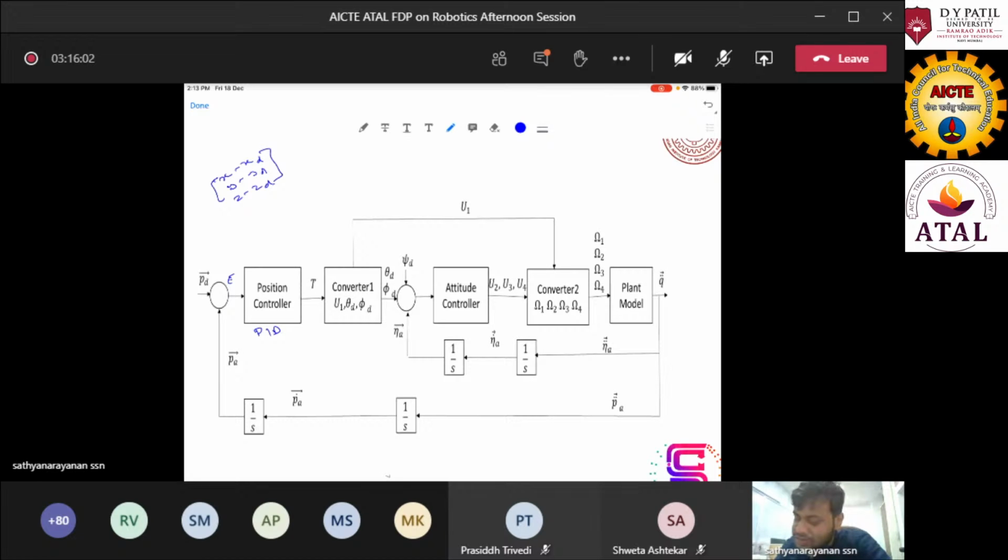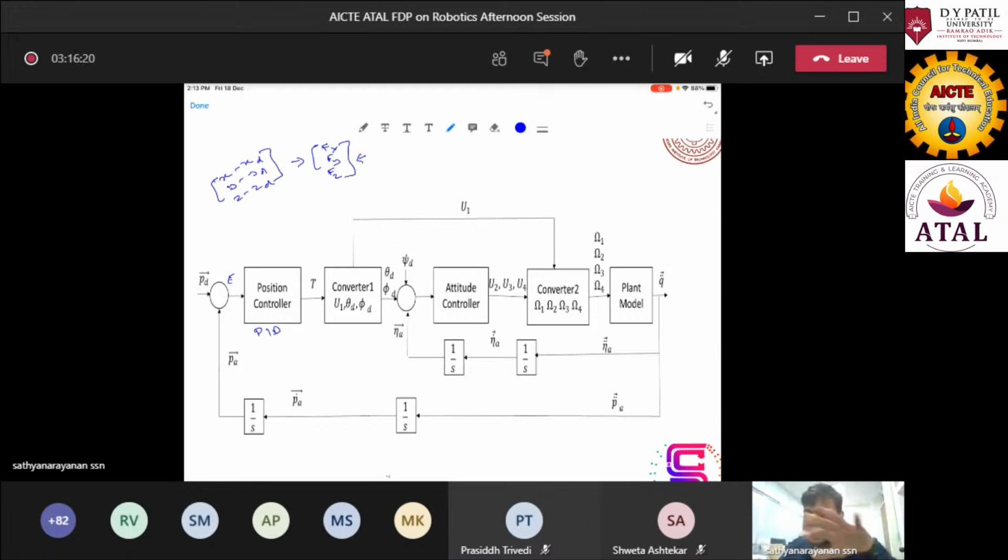You generate the required force along x, y, z. These are all with respect to your initial frame, that is your non-moving frame.